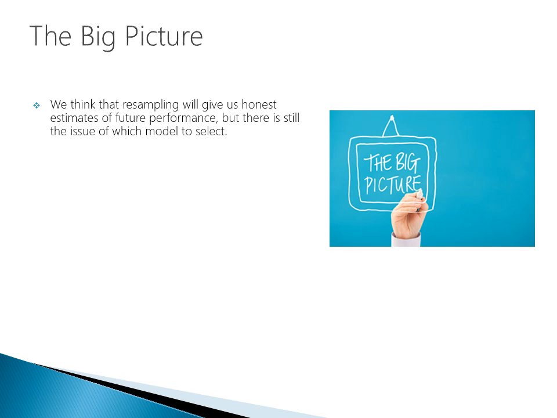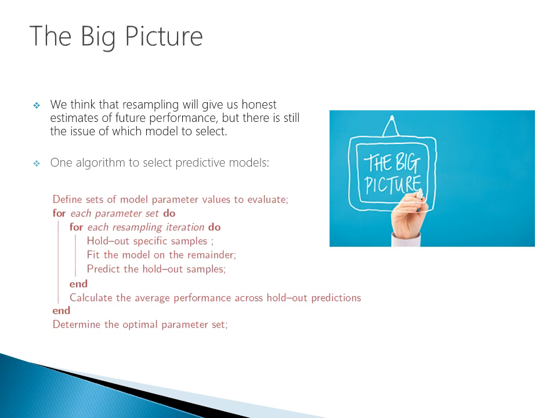We think that resampling will give us honest estimates of future performance, but there's still the issue of which model to select. One algorithm that we can use to select predictive models comes from Max Kuhn, who is the developer of the caret package in R, and really a great statistician, and I've been using some of his material throughout this lecture.